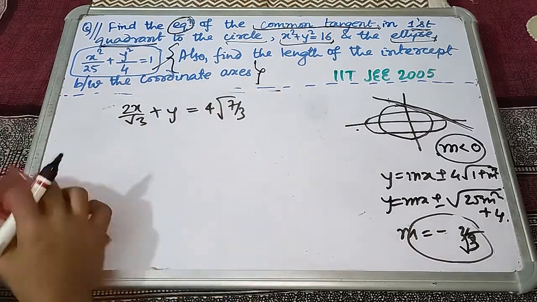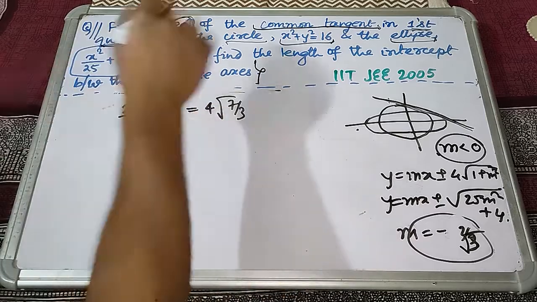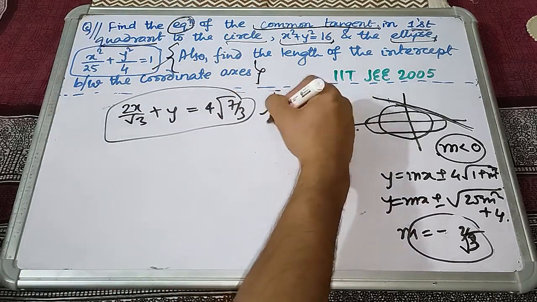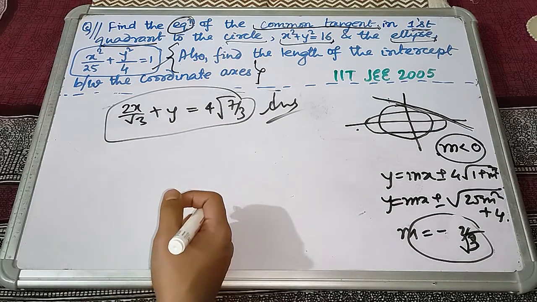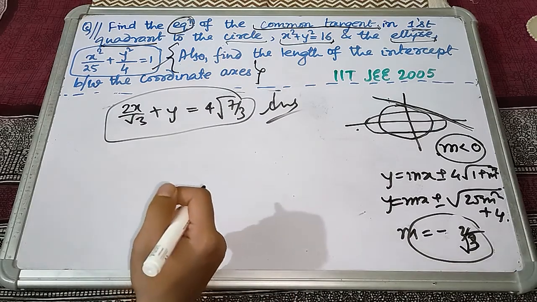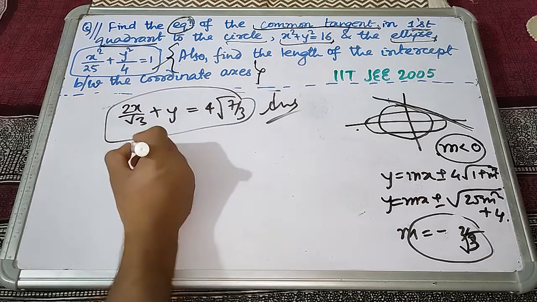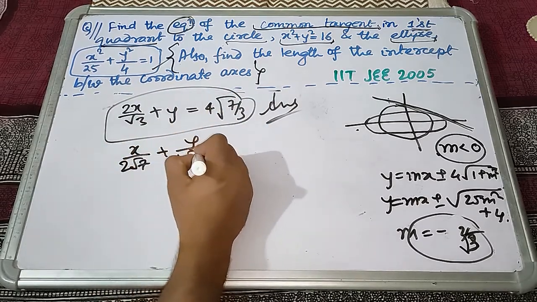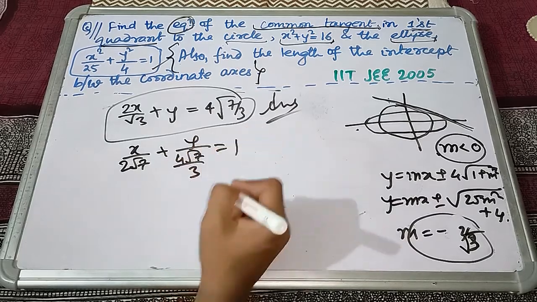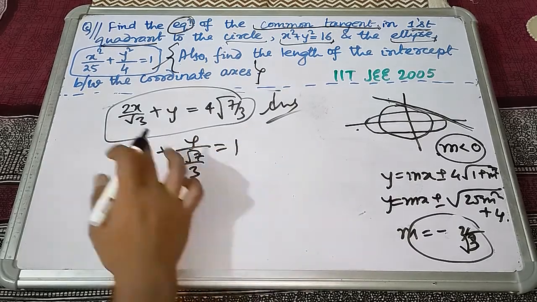Okay, the first part of the question is done. This is your answer. Very good. Now, find the length of the intercept between the coordinate axes. For that, what do we need to do? If you divide it, this becomes x/(2√7) + y/(4√(7/3)) = 1, right?